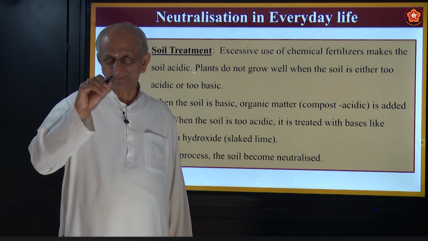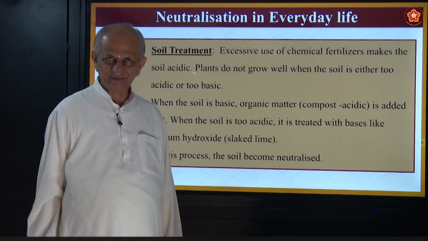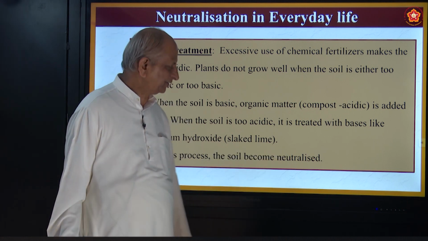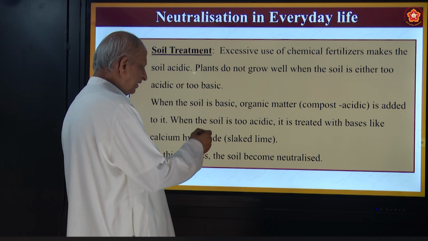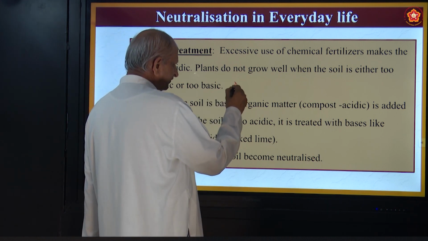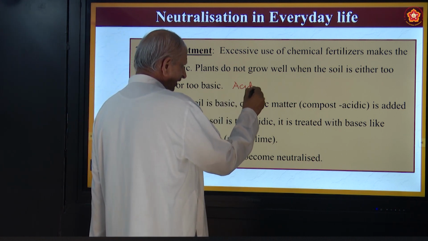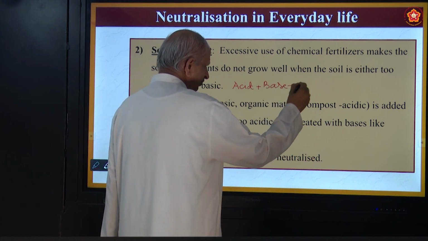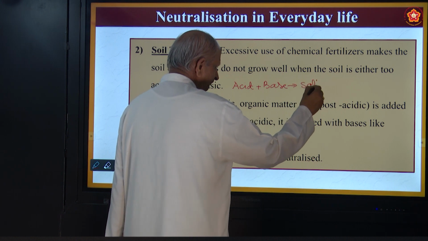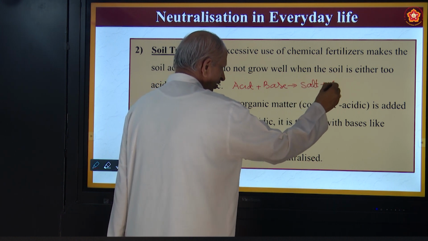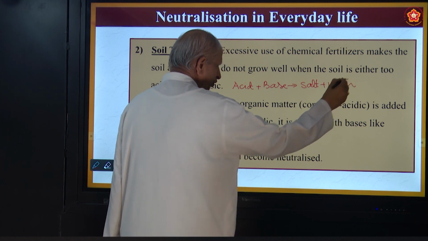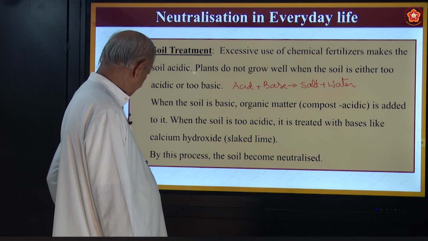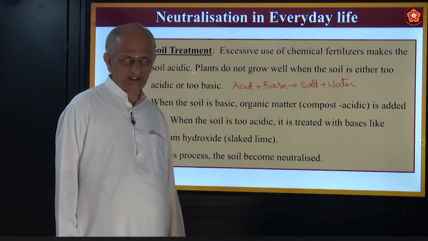When bases are more, add acids. Then they get neutralized, because we have just seen in the previous class that when acid reacts with the base, it forms salt and water, and the process is called neutralization. So this is the thing we already studied.